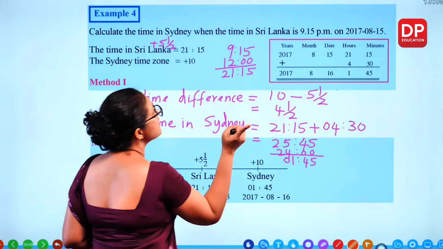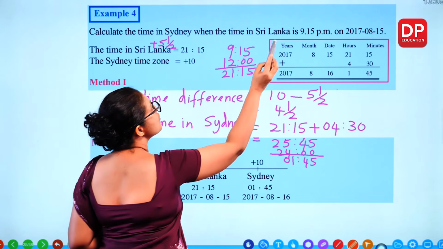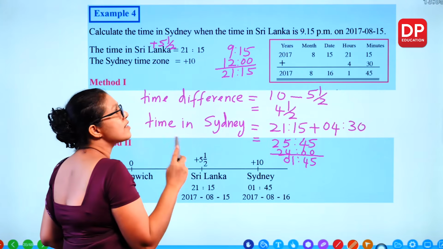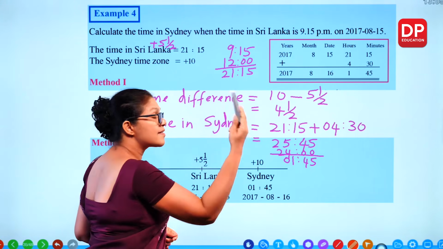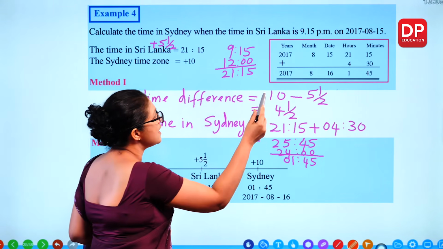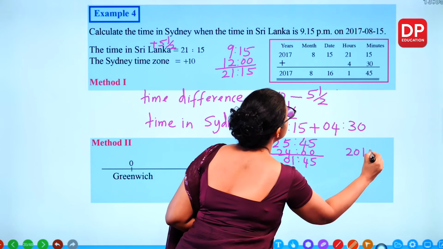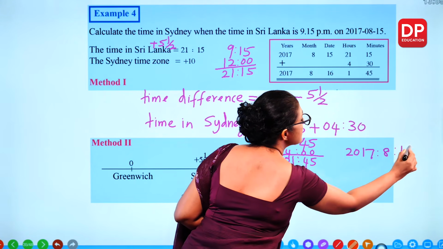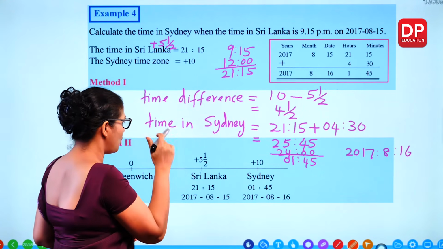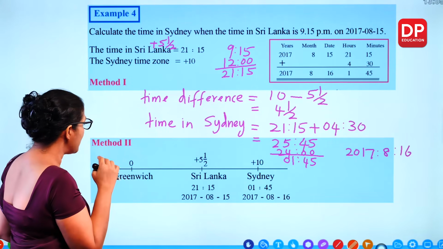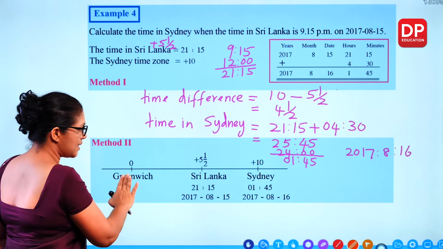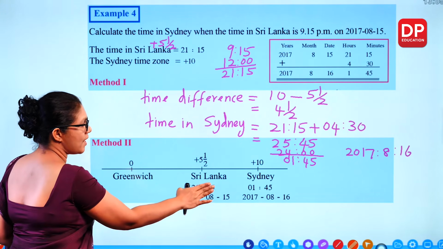This is the next day, because the Sri Lankan date is August 15th. This is next day morning. So the date is 2017 8/16. When you draw the diagram, it's really easy. Greenwich is 0. Sri Lanka is 5.5.